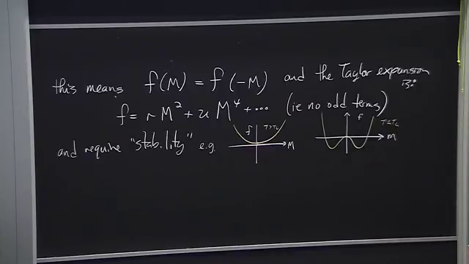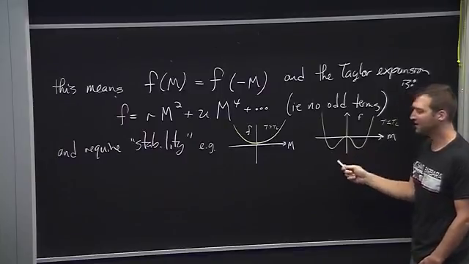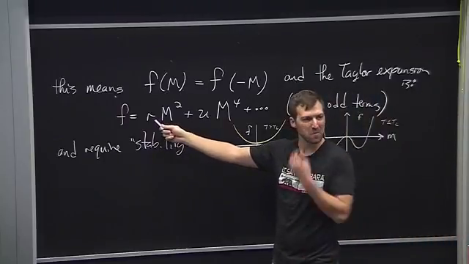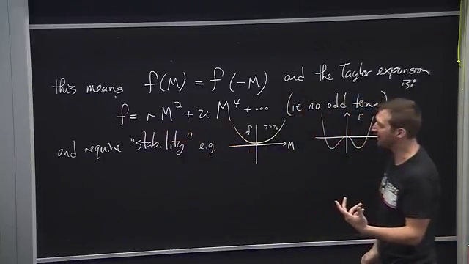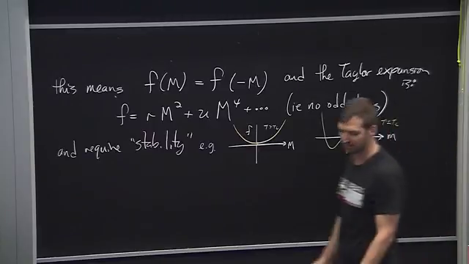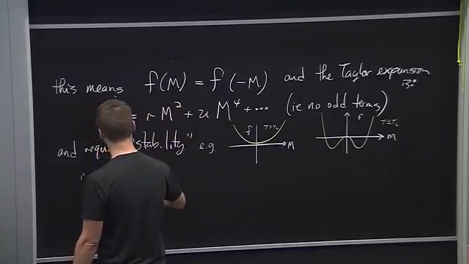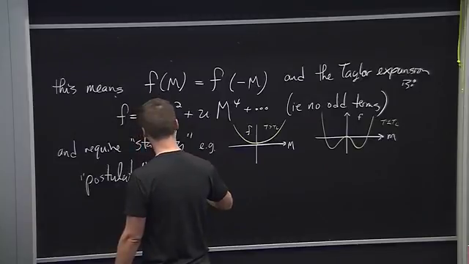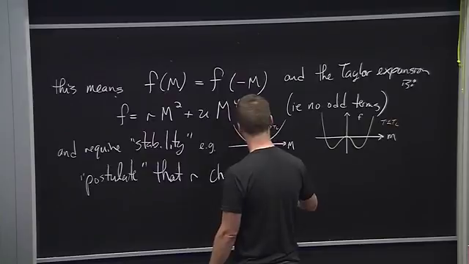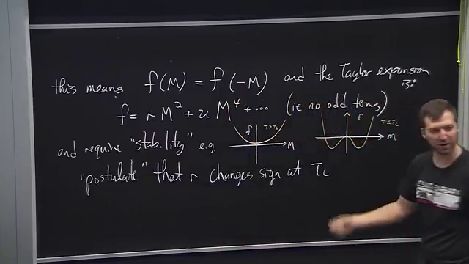So remember, this shape here is when the parabola is upside down, which means r is negative. So in our phenomenological theory, r is just a parameter that changes sign at the transition. That's just a postulate of the theory. Doesn't even matter what it is.